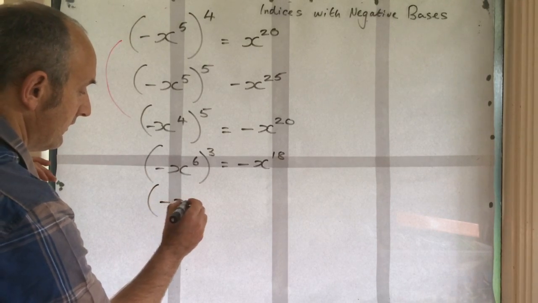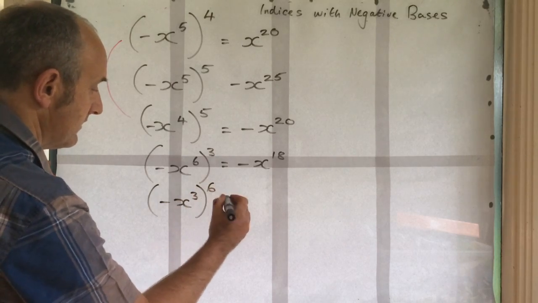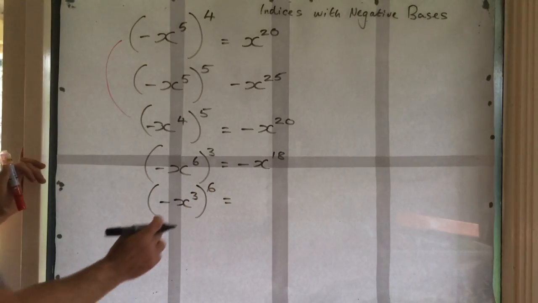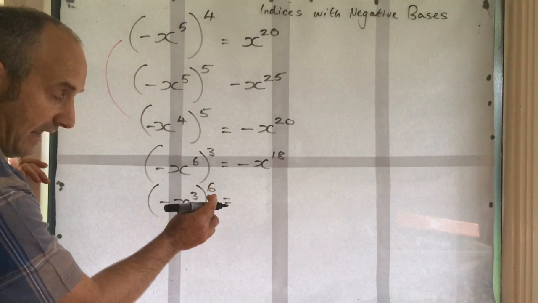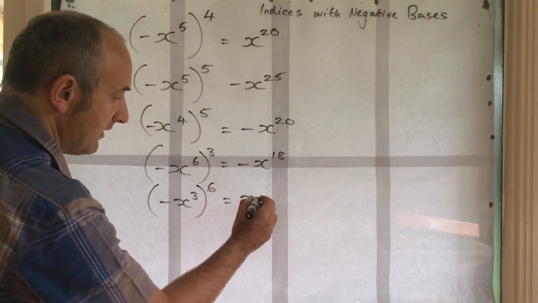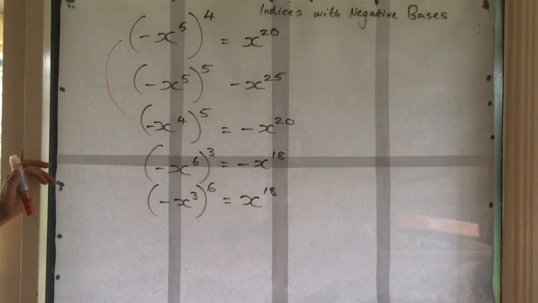Negative x to the 3, to the 6. I've got an even number, so I'm going to end up with x to the 18. Clear? It's very challenging, is this? Yeah, very challenging indeed. So just be really vigilant on this sort of question.